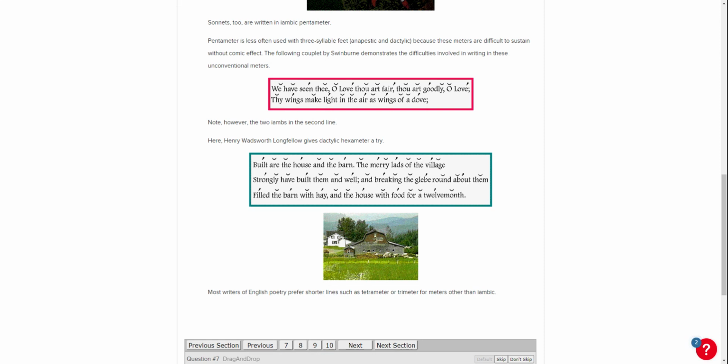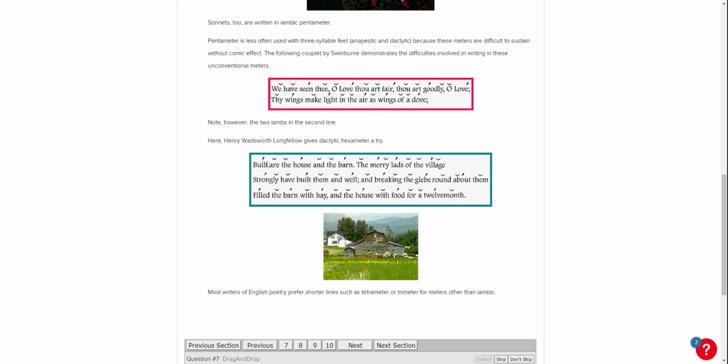But in general, it follows like, okay, we've got 4 feet in this line. Generally, we have 6 feet in this line, which makes that a hexameter. But typically, they do keep with a number of feet in a line, and it's just the feet that change.